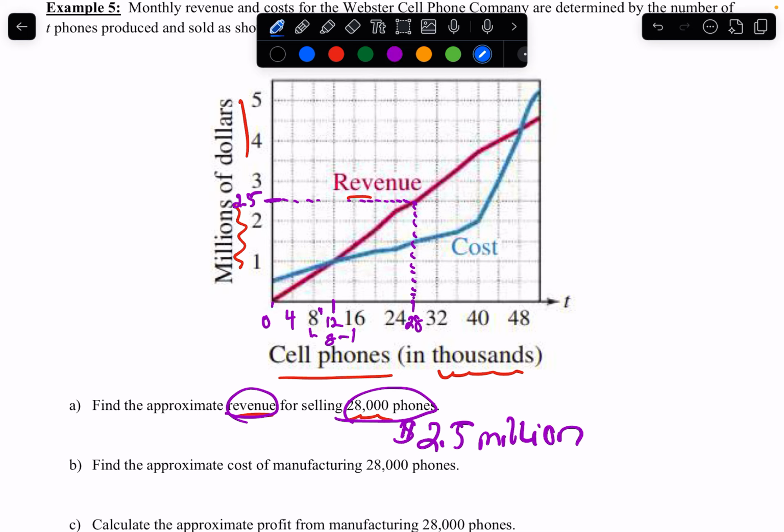Next, we're going to find the approximate cost of manufacturing 28,000 phones. So we're going to take that same 28,000, but now we're going to stop at the cost function and go to the left. And now we end up between 1 and 2, so it has to be 1.5. So 1.5 million.